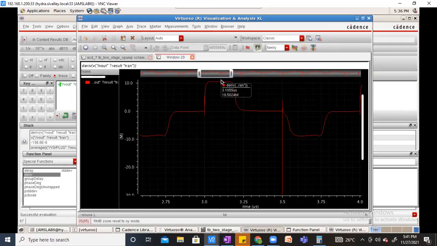You can see on the positive side it is more slew rate, which means that it is responding faster. Negative side it's a lower slew rate, which means that for the falling pulse, it is not much faster. Any questions?